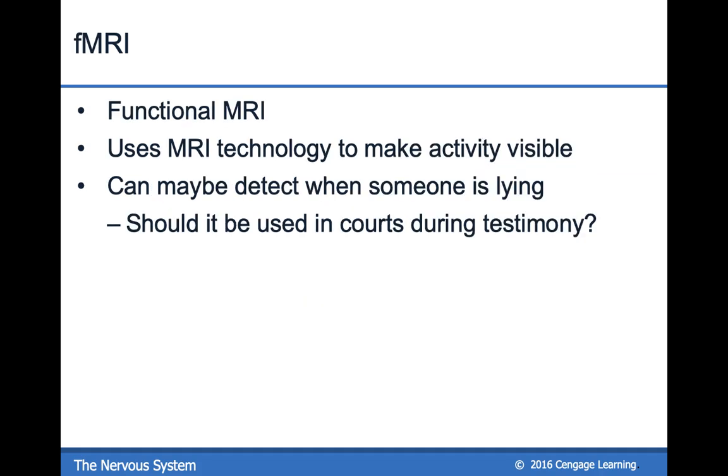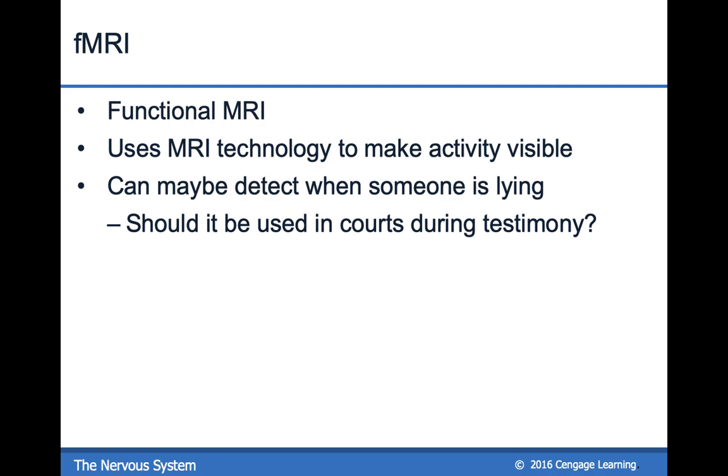fMRI stands for functional MRI. What they do is they use the MRI technology to make activity within the brain visible, so not just the structures, but the actual activity of different neurons. So the really cool thing is that you can see how people process information. One of the things that's being explored right now is trying to see if we can detect when someone's lying. If you're telling the truth, you're just kind of replaying memories.